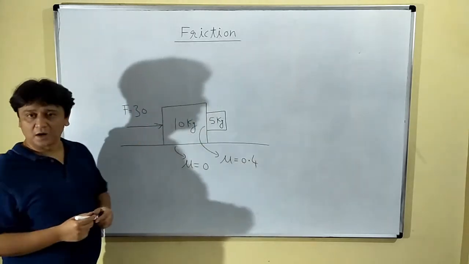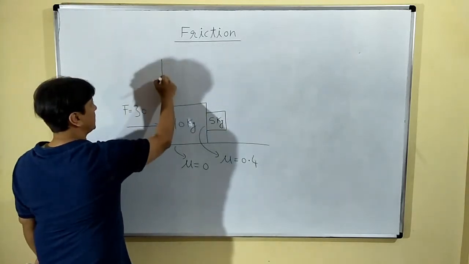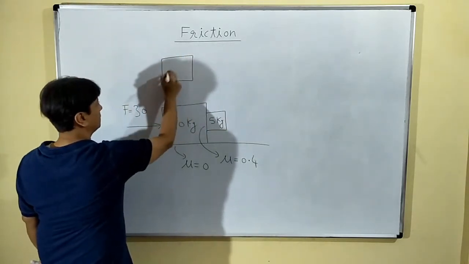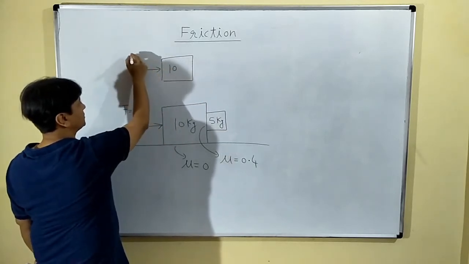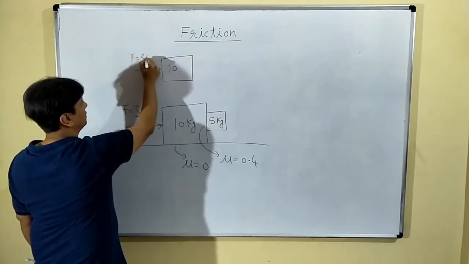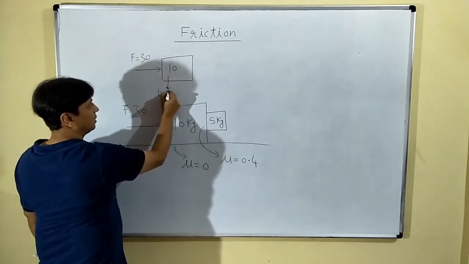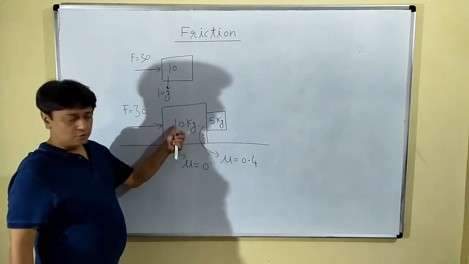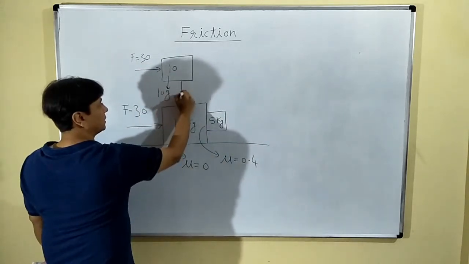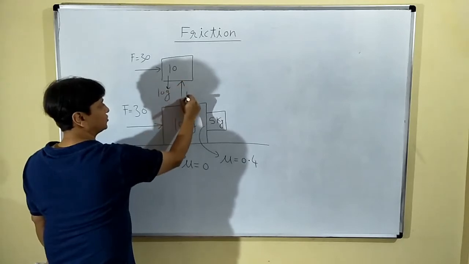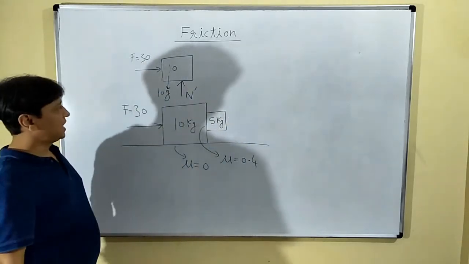Now, if you draw the free body diagram of this 10 kg block, it will look like this. The force of 30 is coming from this side. The downward force is 10g. Although we do not need it, since there is no friction here, there is a normal reaction N dash, because we are not interested in it.